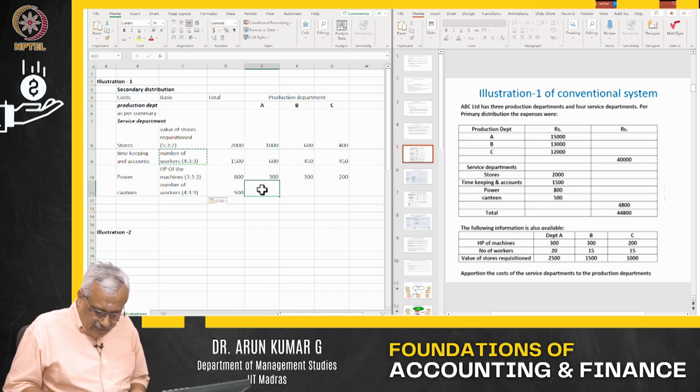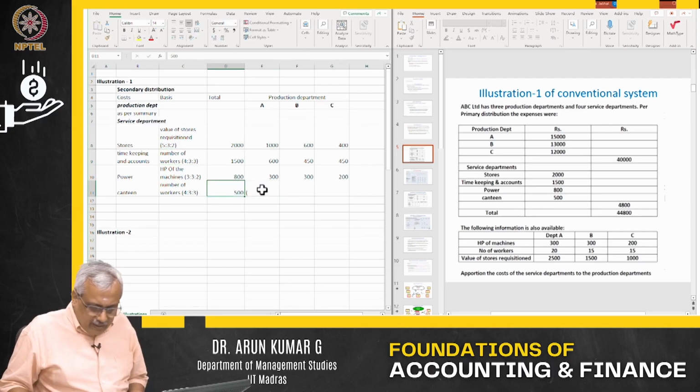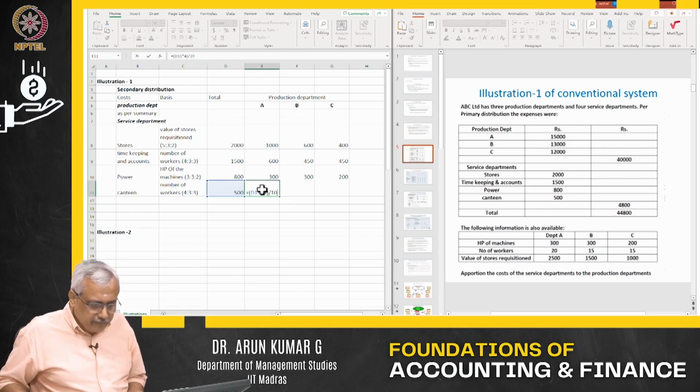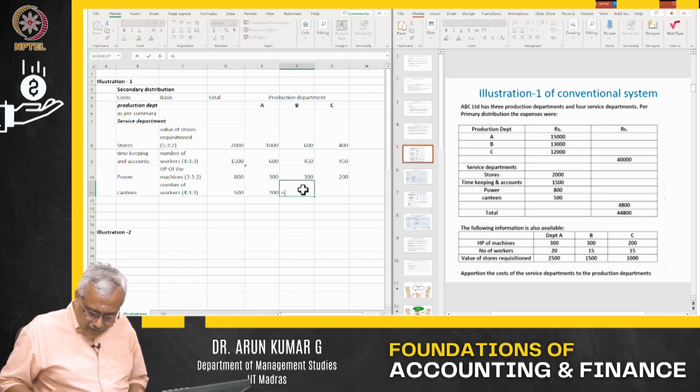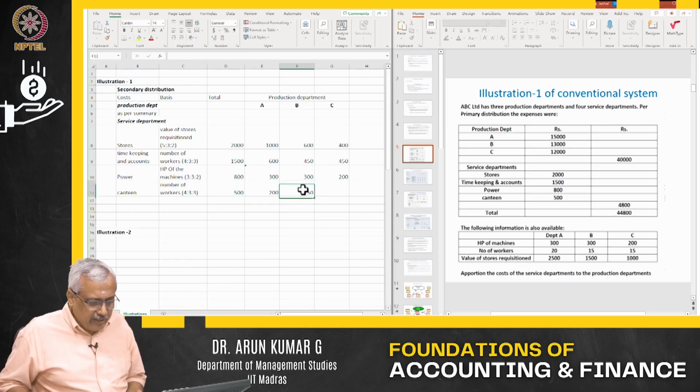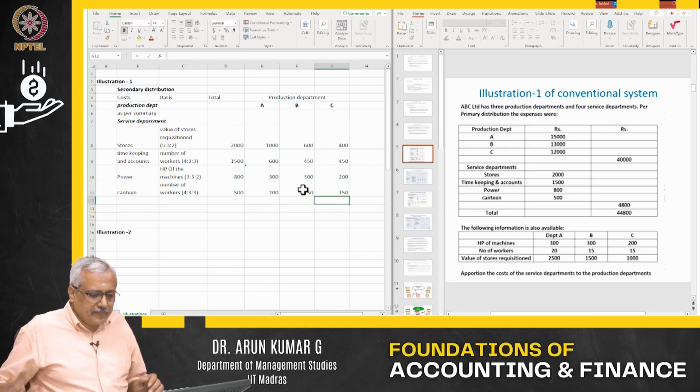So it's going to be this 500 into 4 divided by 10, so it's going to be 200, and then it's again going to be 500 into 3 divided by 10. So this is going to be another 150.